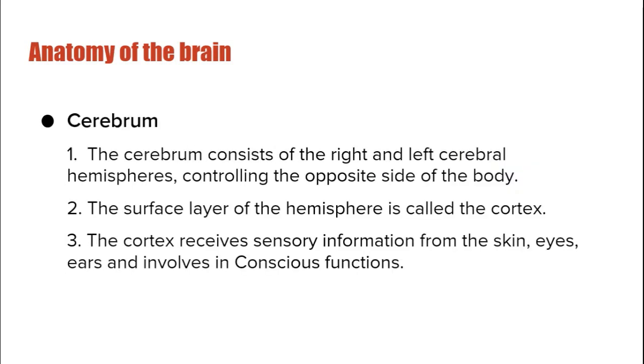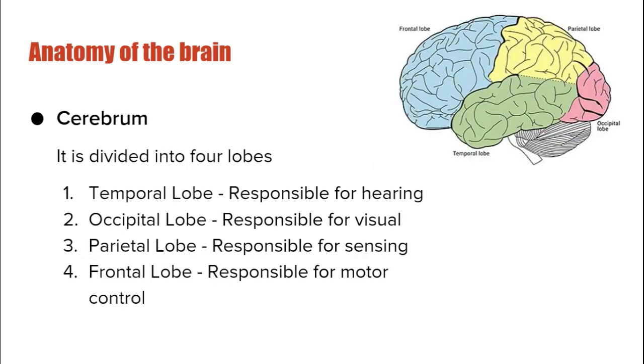The cerebrum is divided into two equal parts, left and right. The surface of the cerebrum hemisphere is called the cortex. The cortex takes information from the skin, eyes and ears, and uses that information to help in analyzing different things.